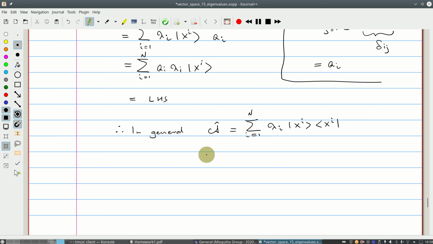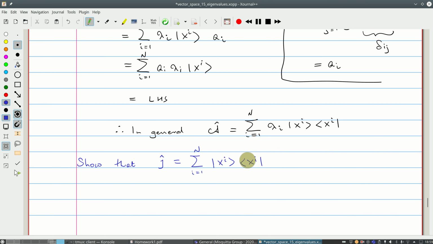Now, here's something interesting. I'd like you to try this out. Show that the identity operator I hat can be written as the sum i goes from 1 to n of xi, the outer product of xi with itself.